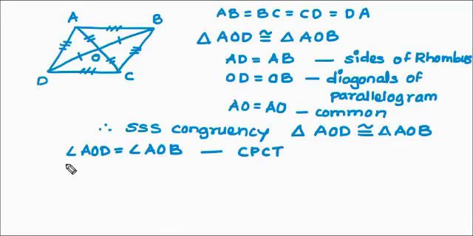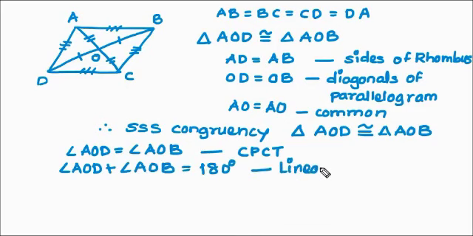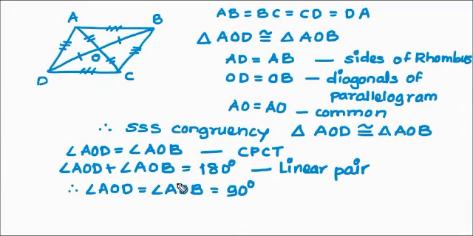But we also know that angle AOD and AOB form a linear pair. So their sum is going to be 180. They are supplementary. And from these two, we find out that AOD and AOB are 90 degrees.